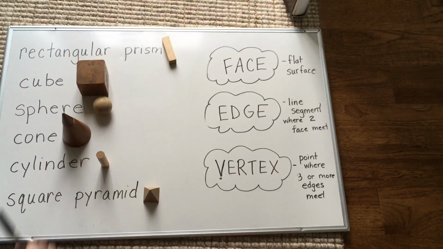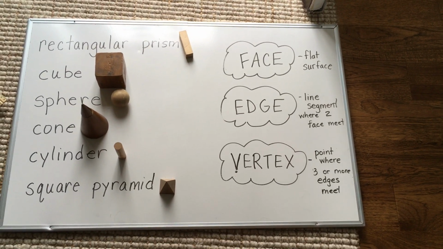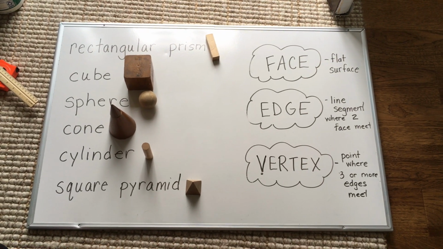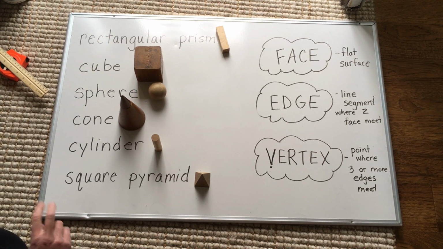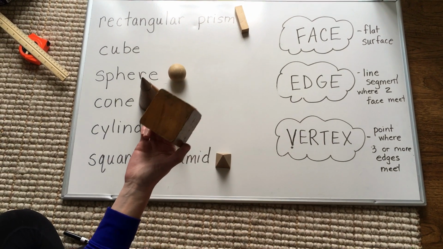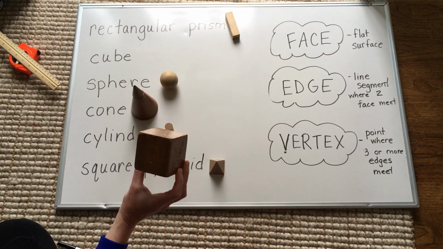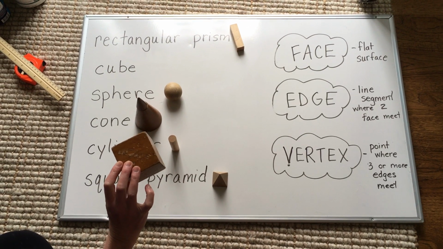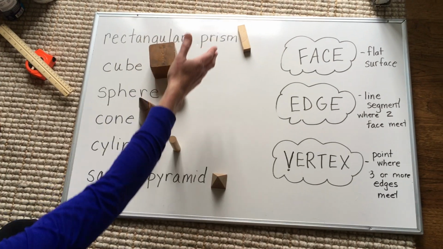And we learned what a face was, what an edge was, and what a vertex was. Now, a face is a flat surface. So you've been busy counting all the flat surfaces of a cube. You know that a cube has 6 surfaces, right? It has 6 flat sides, so it has 6 faces. So does a rectangular prism.